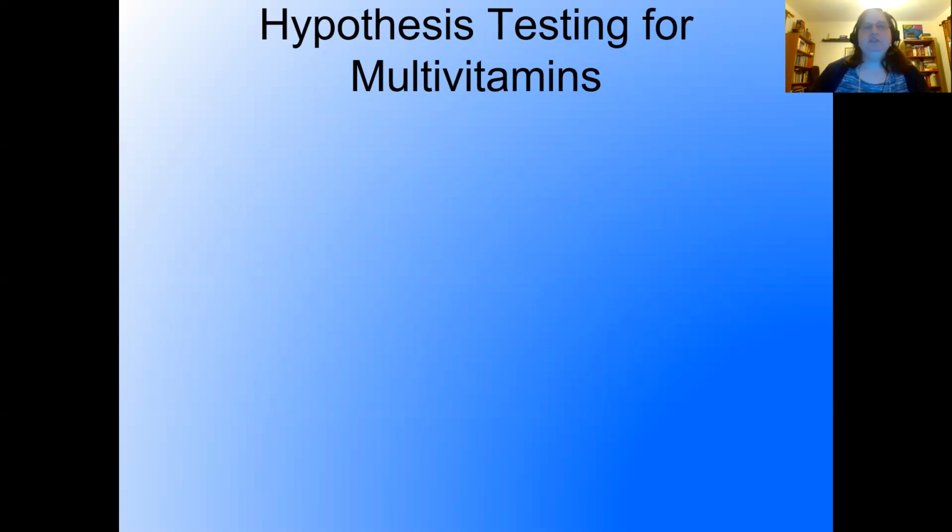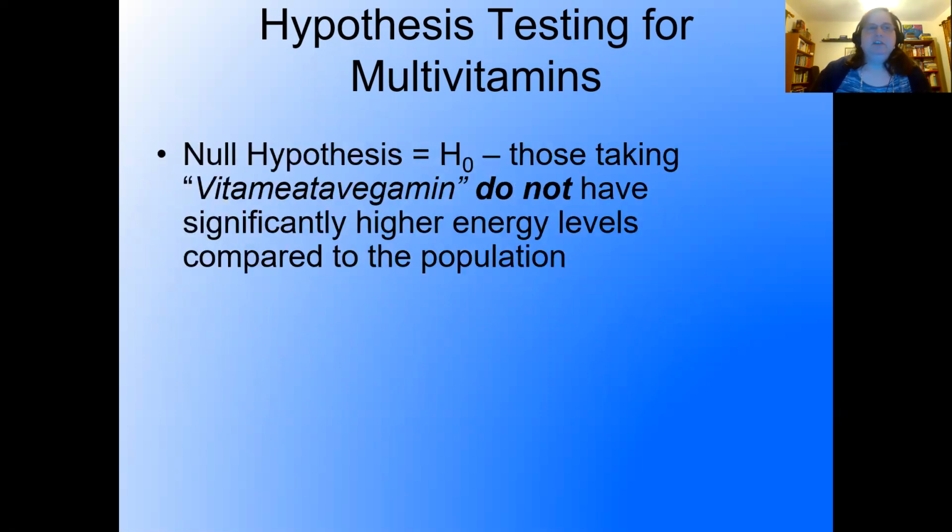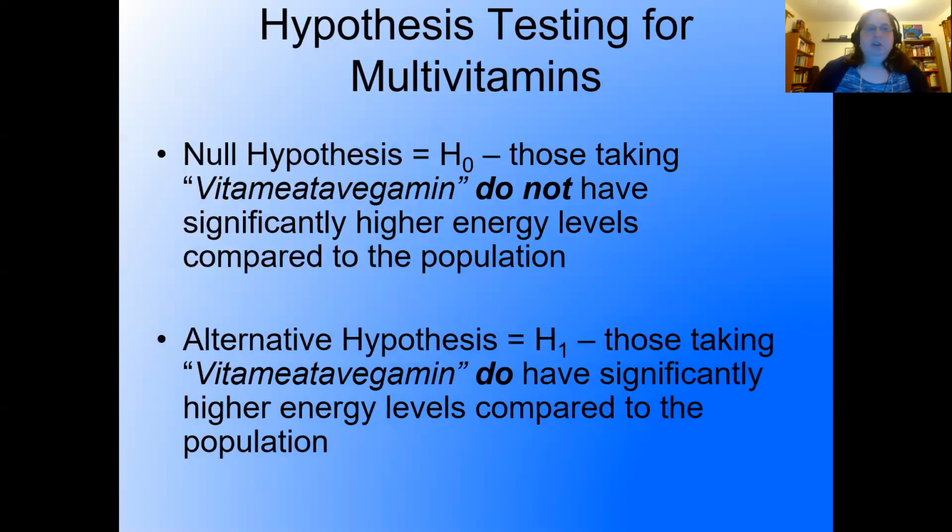So now let's do some hypothesis testing for our multivitamin example. The null hypothesis: those taking vitamin regimen do not have significantly higher energy levels compared to the population. And the alternative: those taking vitamin regimen do have significantly higher energy levels compared to the population.